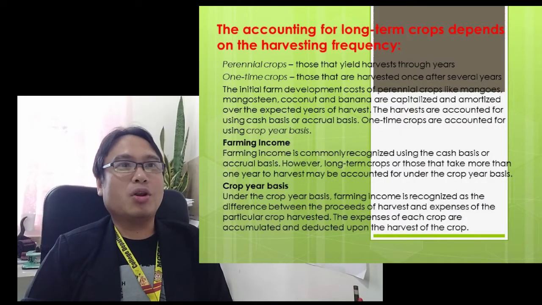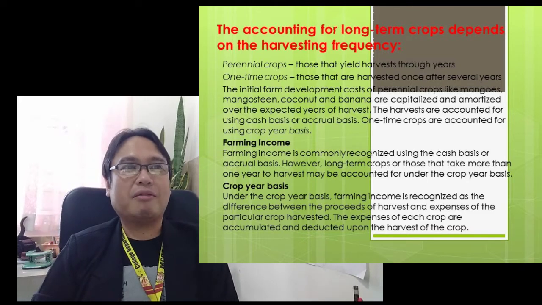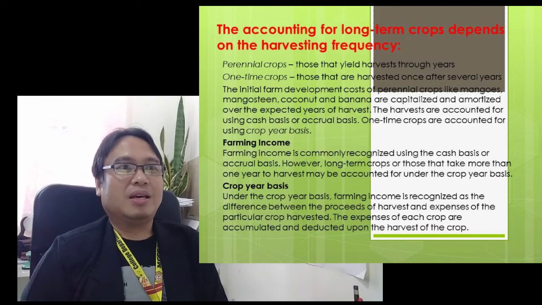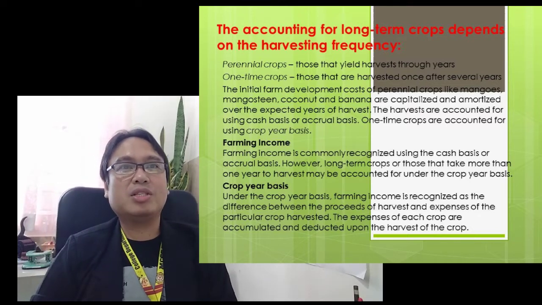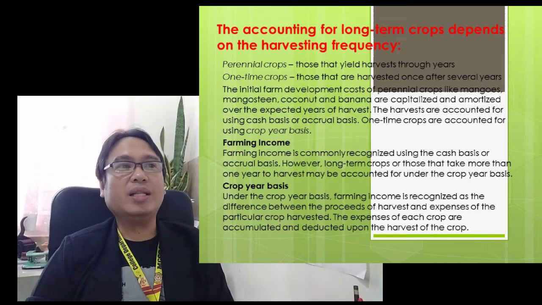The accounting for long-term crops depends on the harvesting frequency. Perennial crops are those that yield harvest throughout the year. One-time crops are those harvested once after several years.